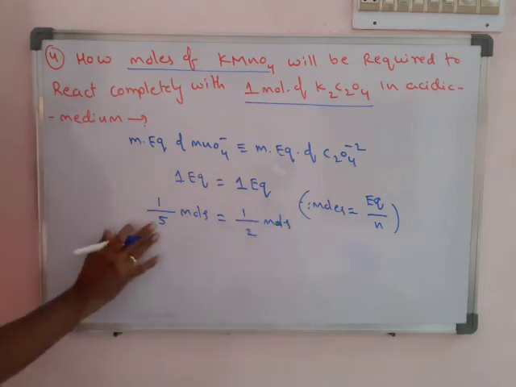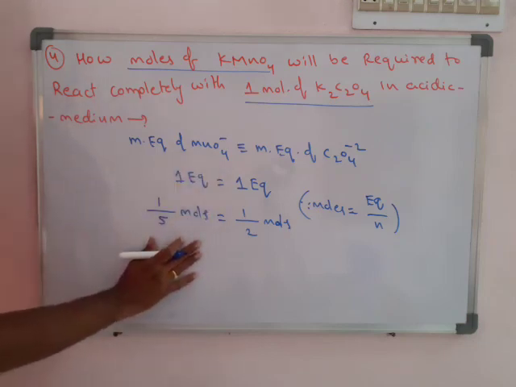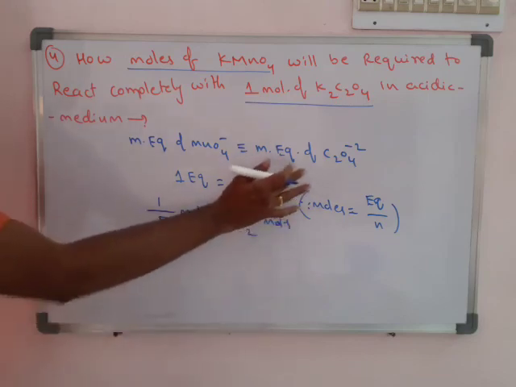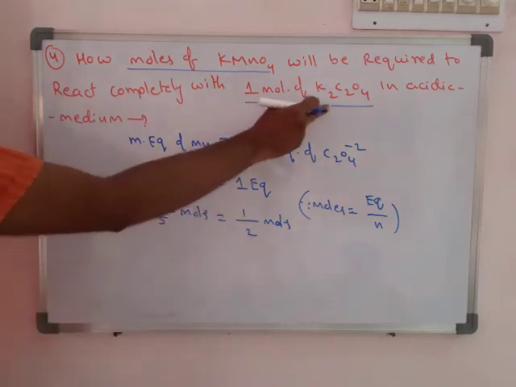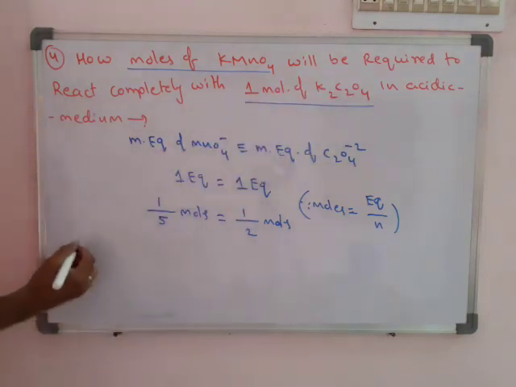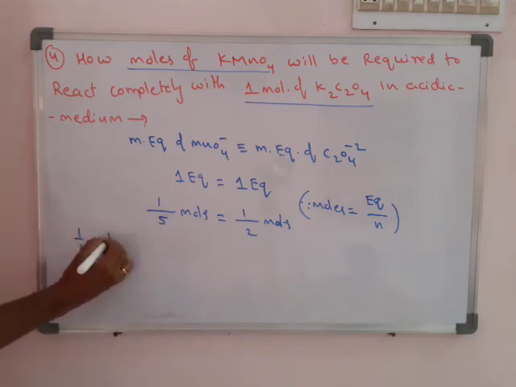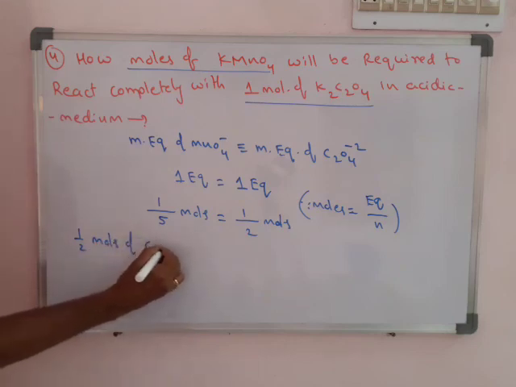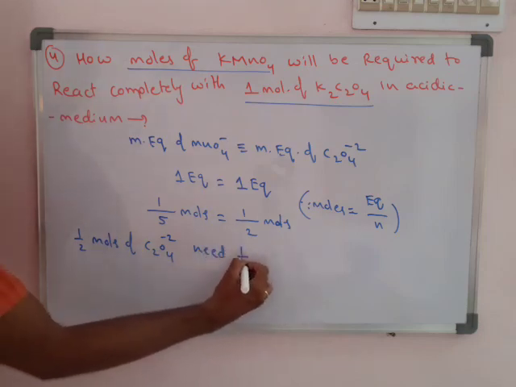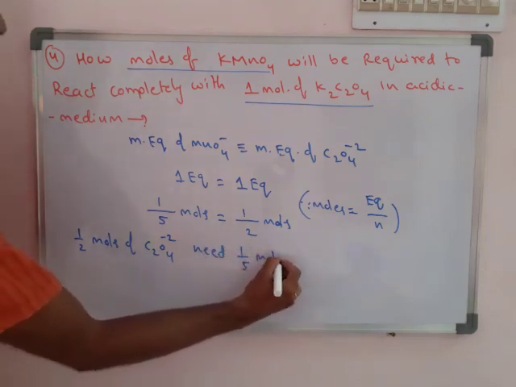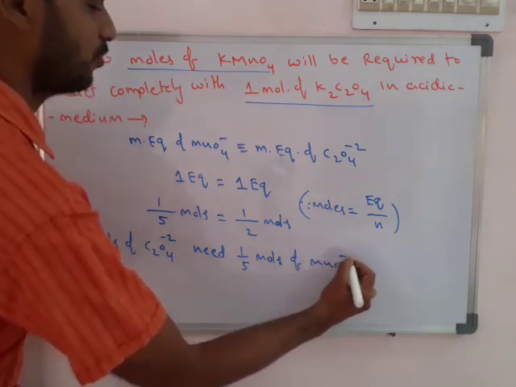This means 1 by 5 moles of MnO4 minus reacts with 1 by 2 moles of C2O4 2 minus. So what is the problem? How much is required for 1 mole of C2O4 2 minus? With the help of this we can write: 1 by 2 moles of C2O4 2 minus requires 1 by 5 moles of MnO4 minus.